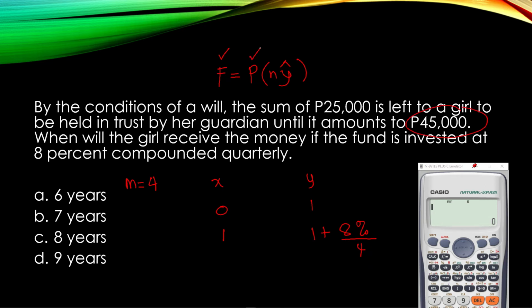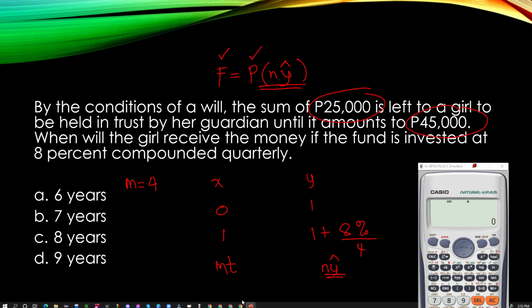And then we also have P, 25,000. So probably we could just simply get our NY hat. Okay, so simply, future divided by the present, that is our NY hat. Pero yung hinahanap natin is the time, so we have to consider MT.